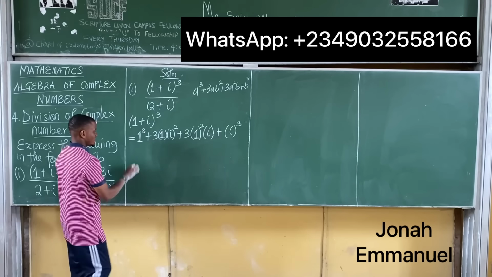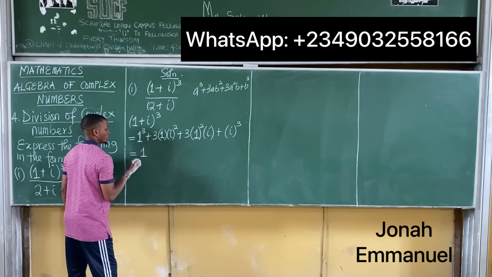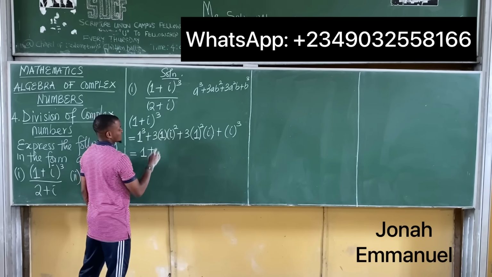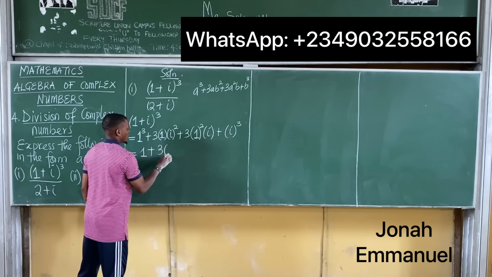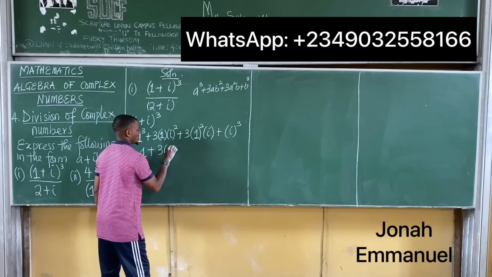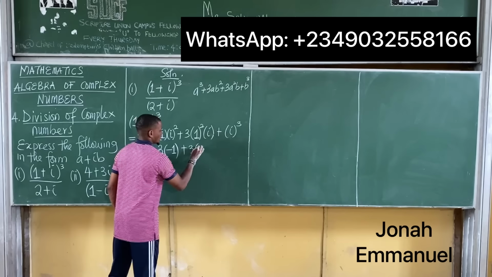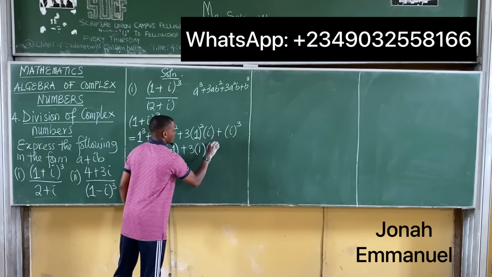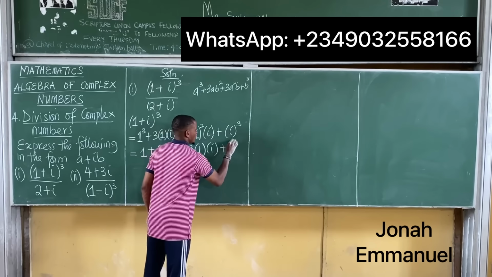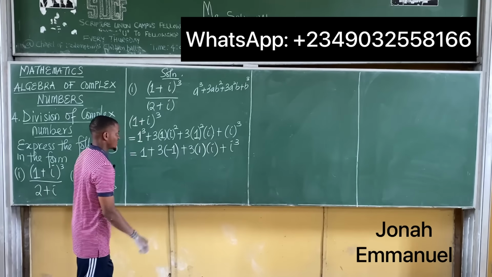If I work on this, this is equal to 1 cubed is 1 plus 3 times 1 is 3 times i squared. We said i squared is minus 1, plus 3 times 1 squared is equal to 1 times i, plus i cubed. So I have this.